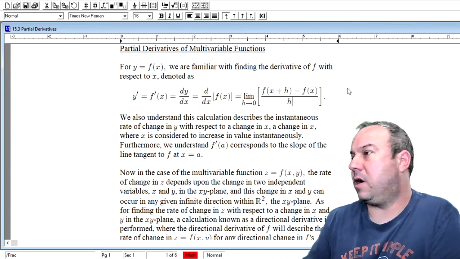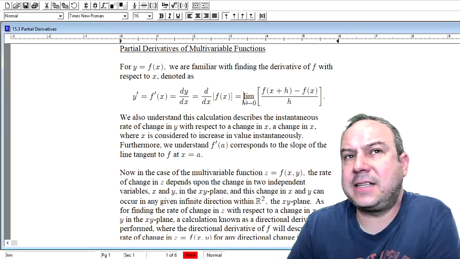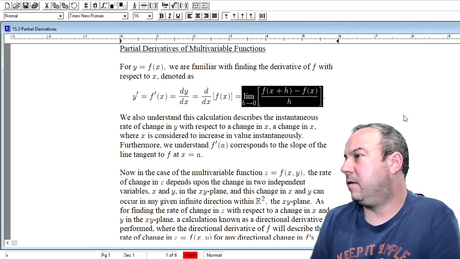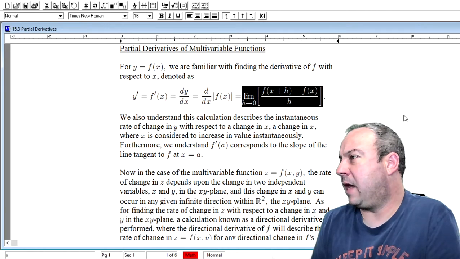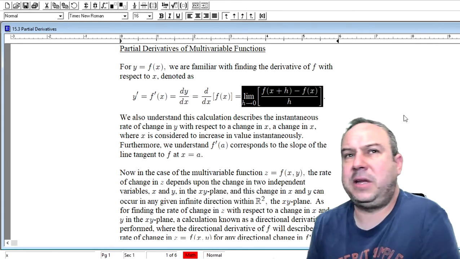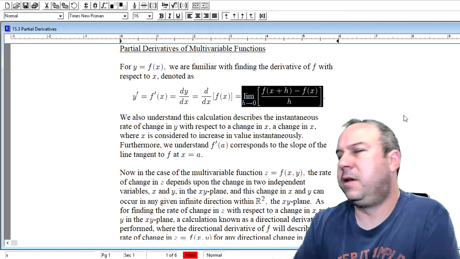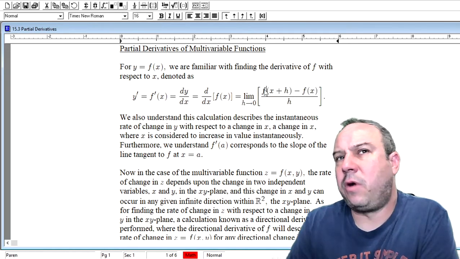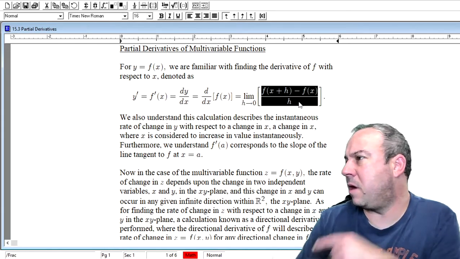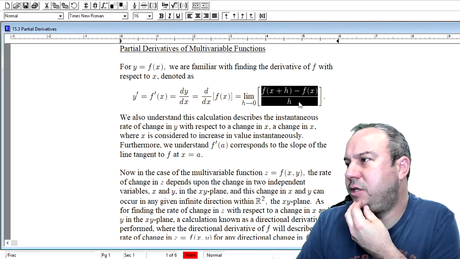If we go back to our understanding, right, for what was the derivative of f with respect to x, our full derivative of y equals f of x, it was understood this way. This limit is h heads to 0 for f of x plus h minus f of x all over this quantity of h. And what we were examining here again, folks, remember, was average rate of change.